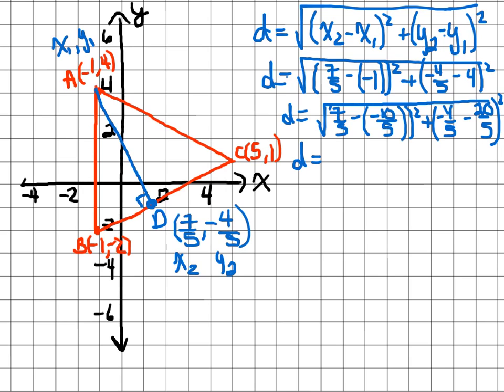So my distance is 7 minus 10 is 17 over 5 all squared, and this is minus 4 minus 20 is minus 24 over 5 all squared.